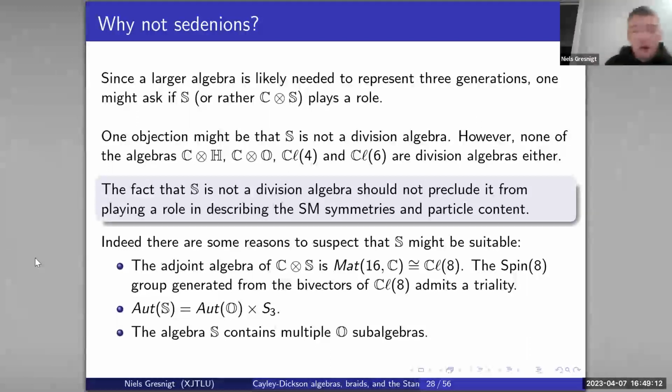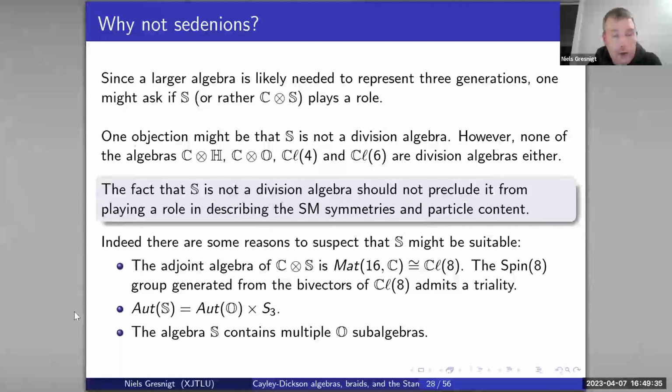So I thought there were three nice properties of the Sedenions which might make them useful for describing three generations. The adjoint algebra gives you CL8, whose Spin(8) subgroup has a triality automorphism, which people have suggested could be a basis for three generations.